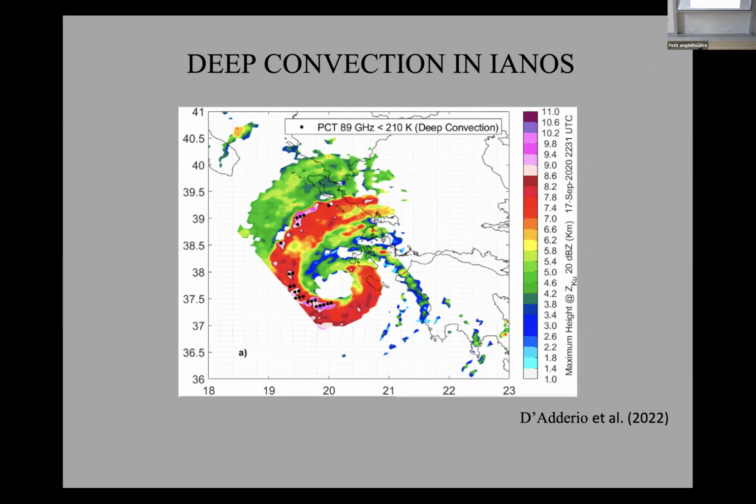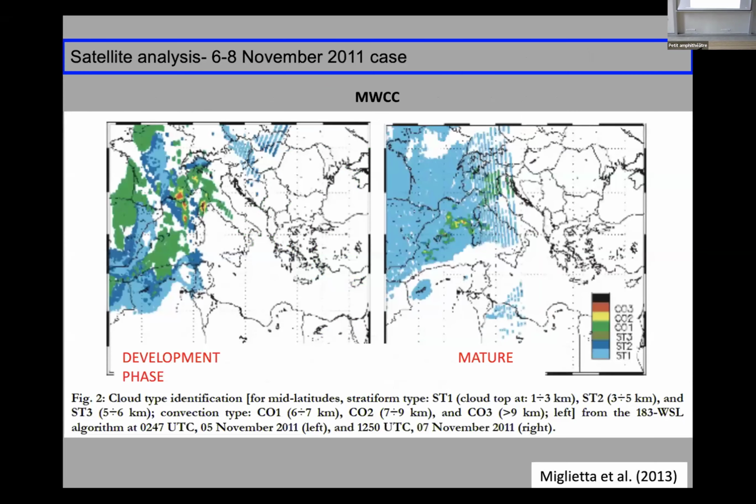But again, when we look at other cases, we saw a different behavior. This is a paper of 10 years ago. We analyzed several cyclones, mainly using an algorithm based on satellite. So the red refers to deep convection.